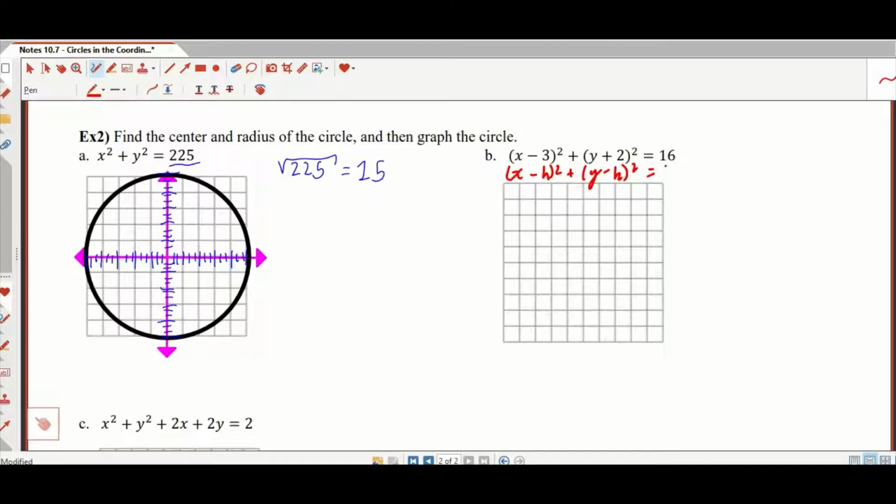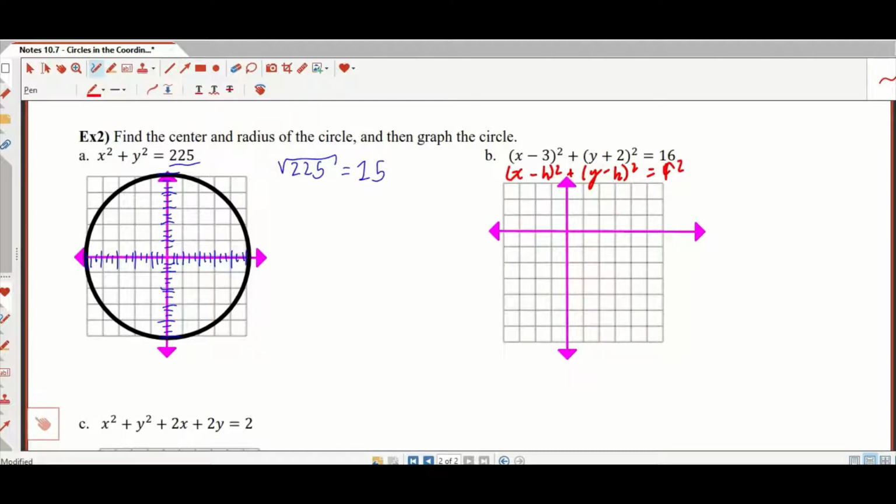So x minus 3 tells me to go right 3, because x minus a positive 3 tells me to go right 3 from the origin. Y plus 2 is y minus a negative 2, which tells me to go down 2. So I'm actually going to put this over here because it's right and down.